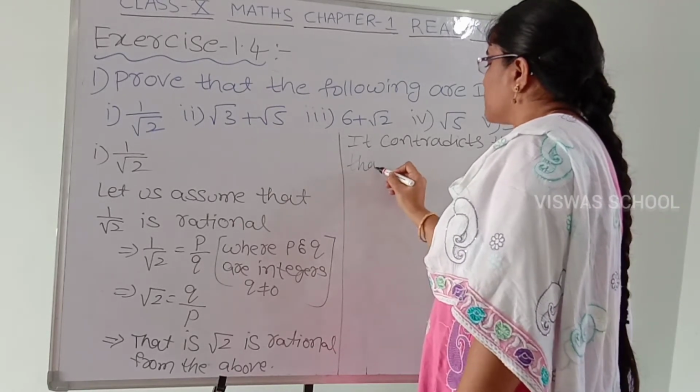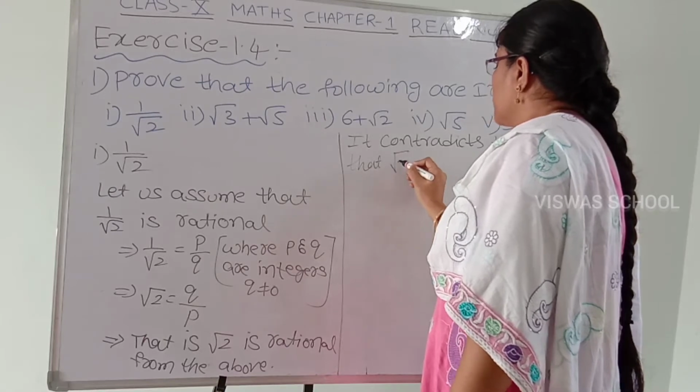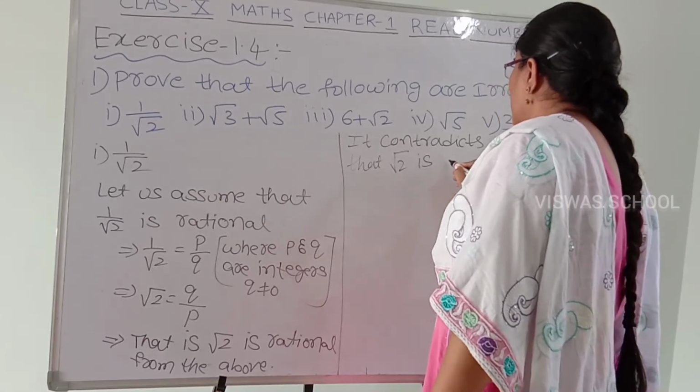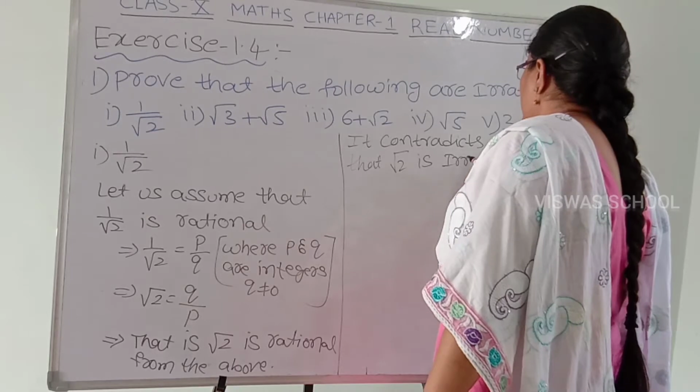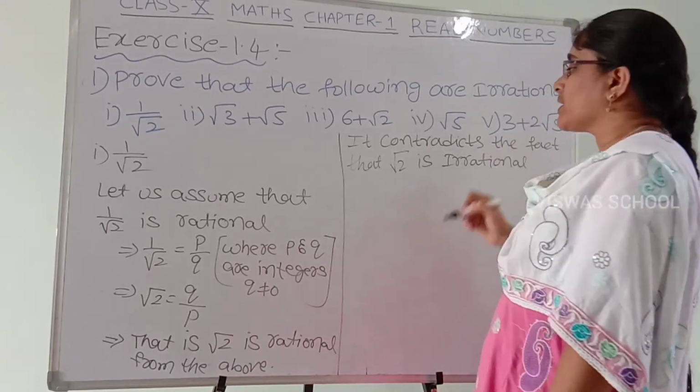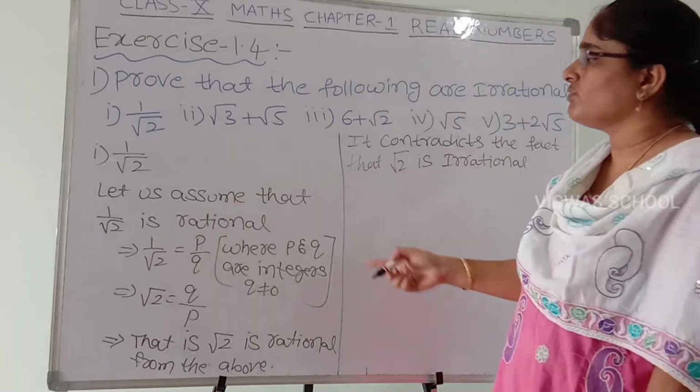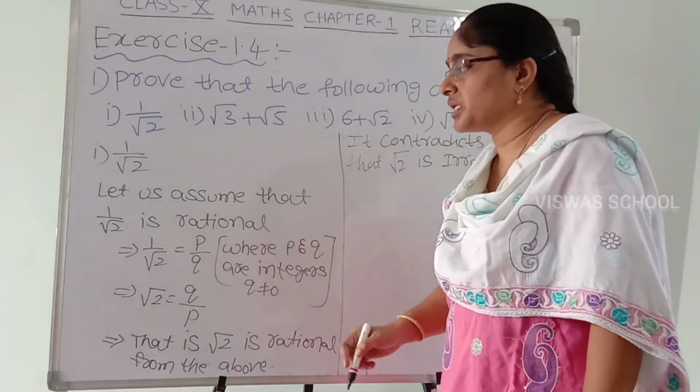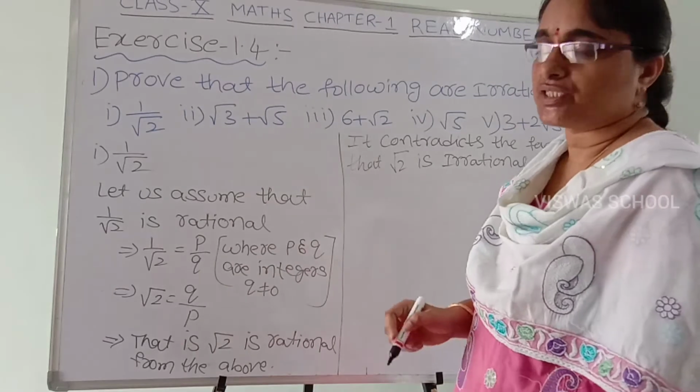What is the fact here? Root 2 is irrational. Why are we getting this contradiction here? Because of our assumption. What is our assumption here? 1 by root 2 is a rational number.